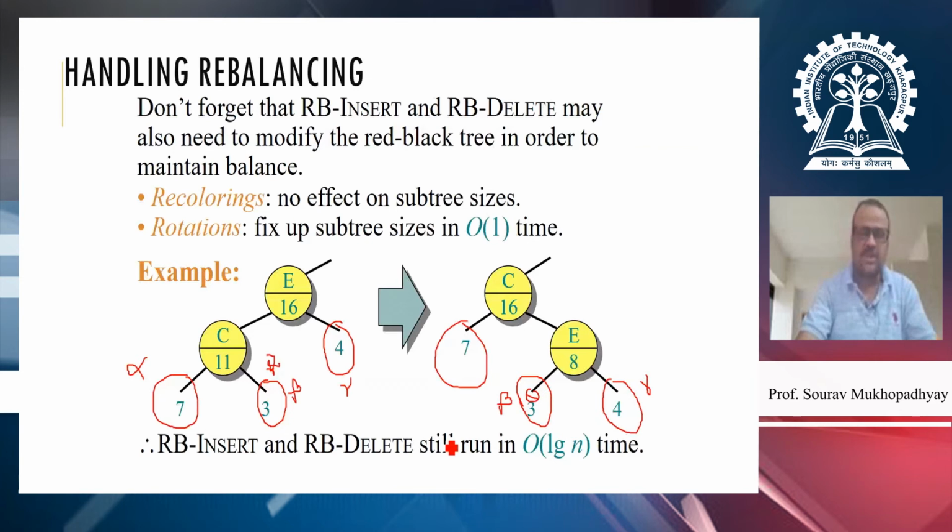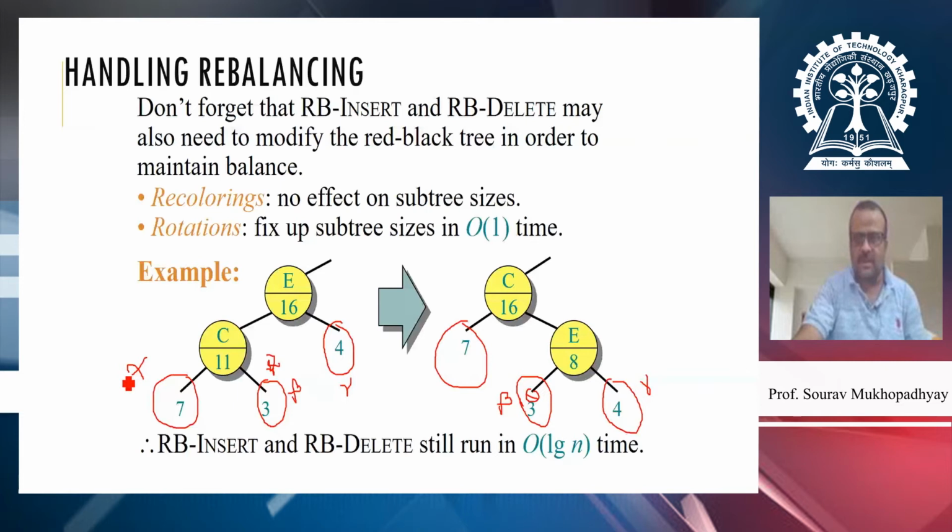We just want to see how much extra time we are spending to maintain this size, because this E was 15, now E came down. So E was 16. That means the number of elements in the subtree rooted at E was 16, including E. But now E became lower. So now we need to get the size of E. How will we get the size of E?